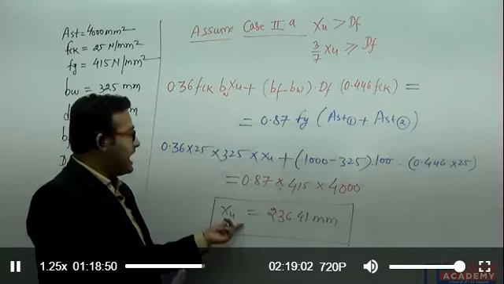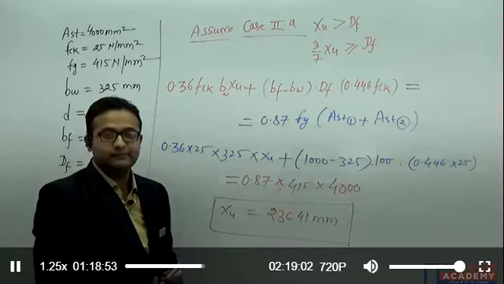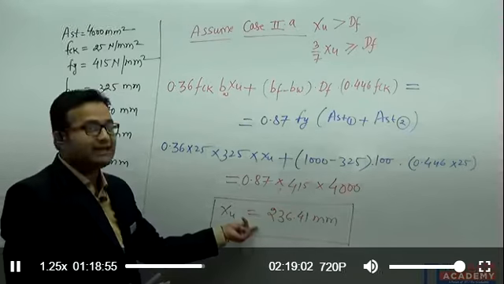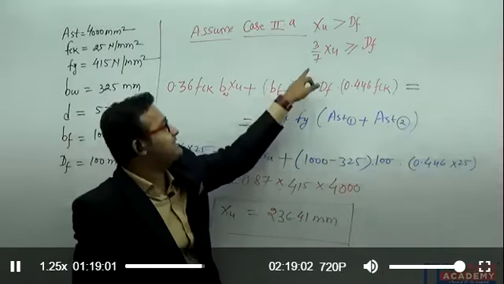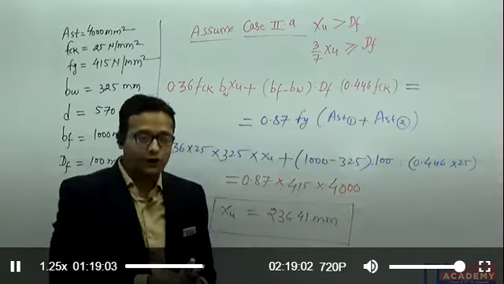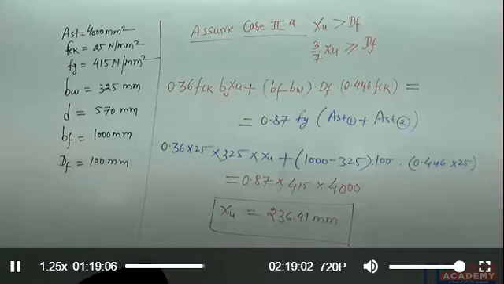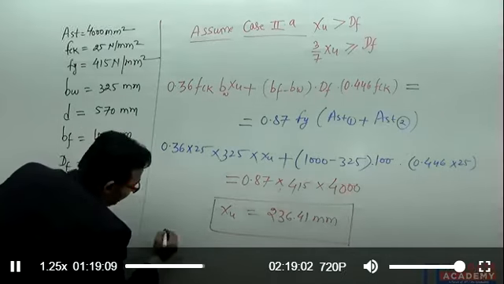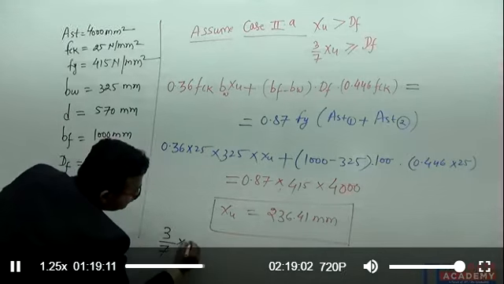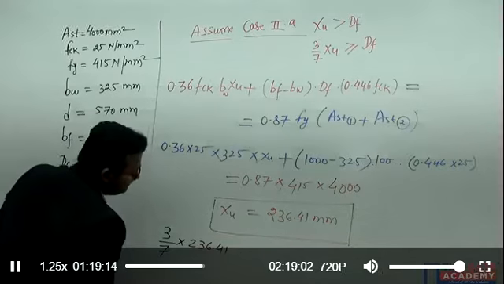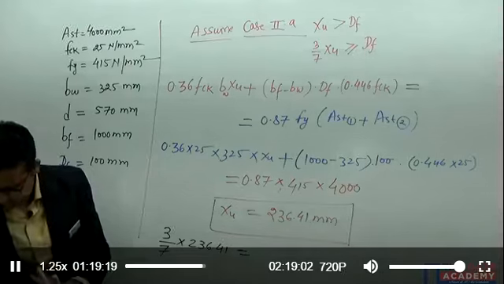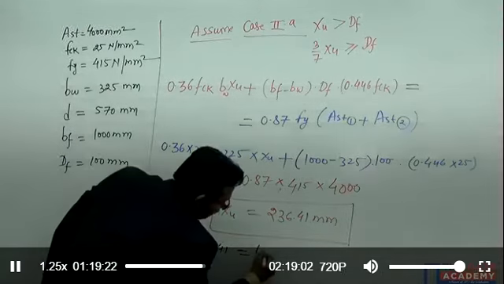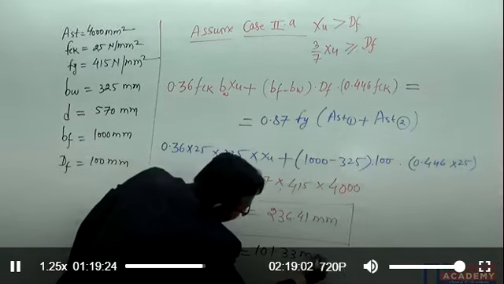Right? So in this way, I have calculated the depth of neutral axis, which is of course greater than the depth of flange. Let's calculate whether 3/7 of XU is greater than or equal to DF or not. If I calculate 3/7 of XU, which is 236.41, it will give me 101.33 mm.